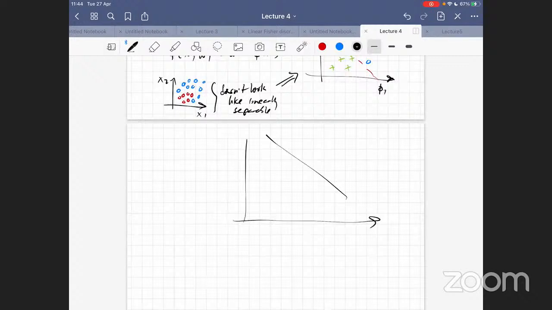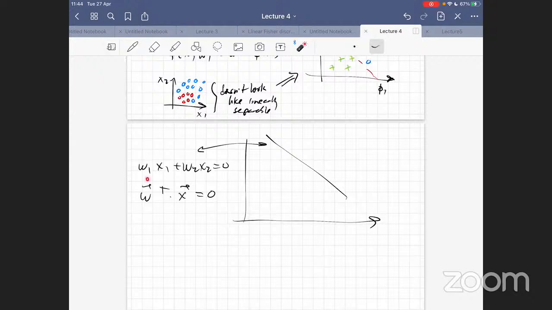The equation for this boundary may be written like this. This is the equation of that line. Then you can express this as equal to 0. Then you have a scalar product. So this is telling you that this is perpendicular to the points of that line.